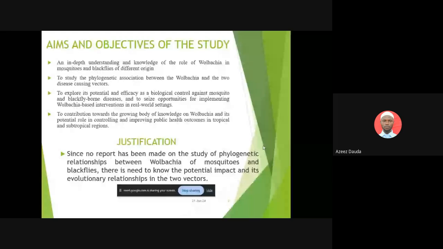And my justification: since no report has been made on the study of the phylogenetic relationship between Wolbachia of mosquitoes and black flies, I think there is need to explore and have an in-depth understanding of what the role of Wolbachia is in the two vectors.